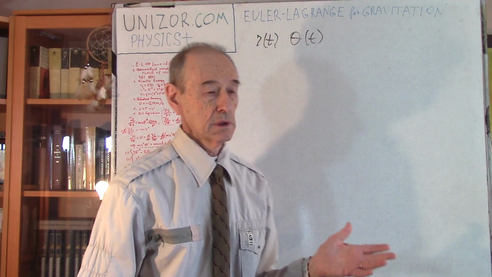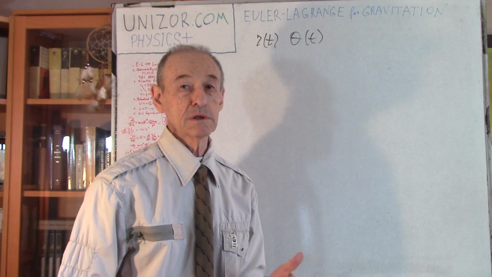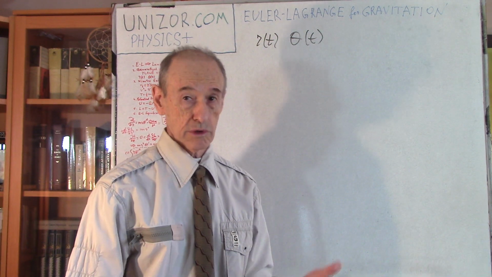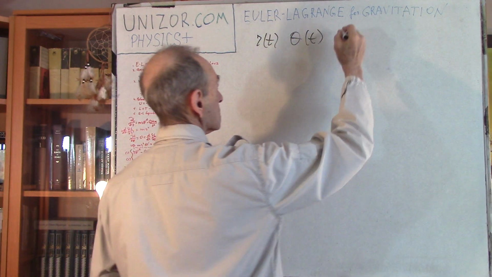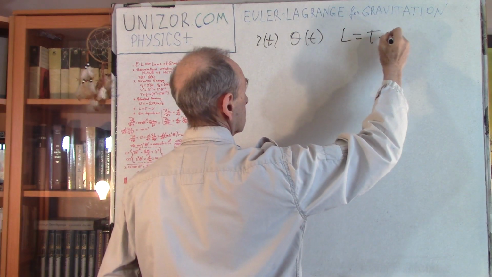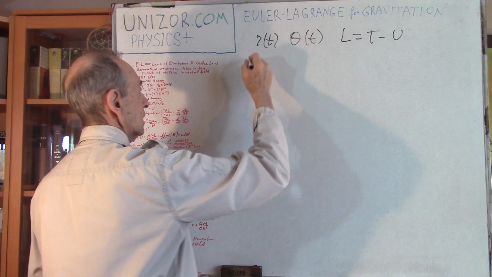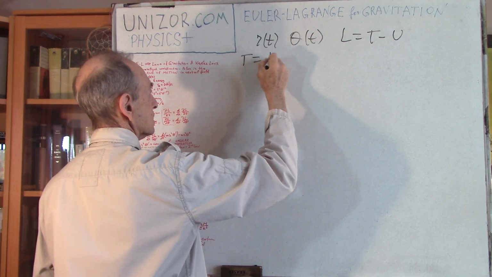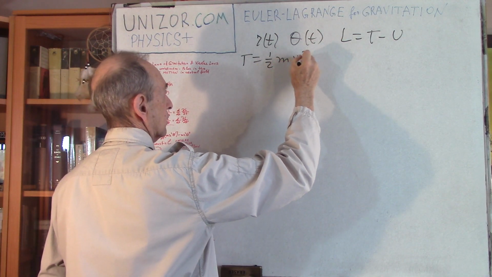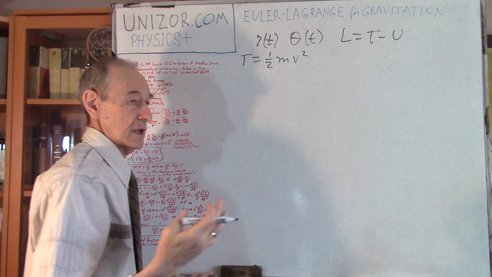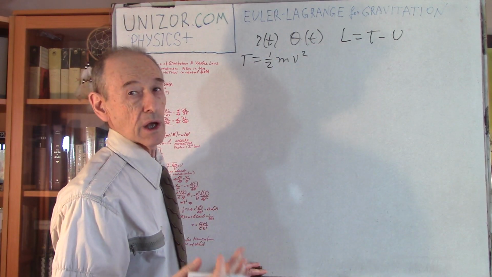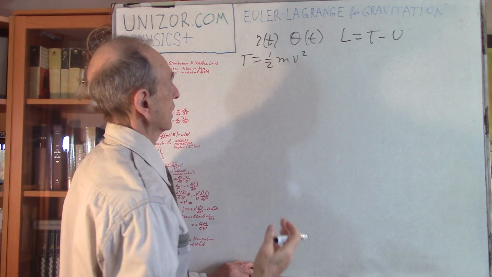To use the Euler-Lagrange equations, we need to construct the Lagrangian, which is the difference between kinetic and potential energy. Kinetic energy is one half m v squared, where v is the magnitude of the velocity vector.